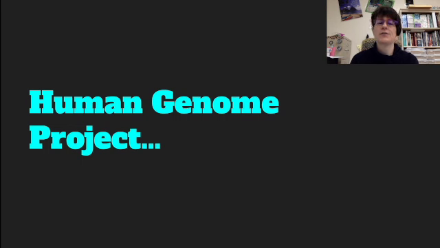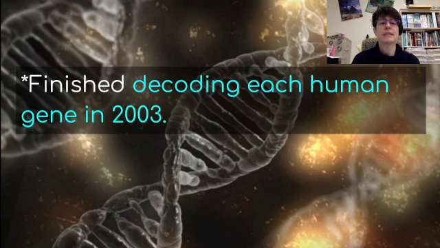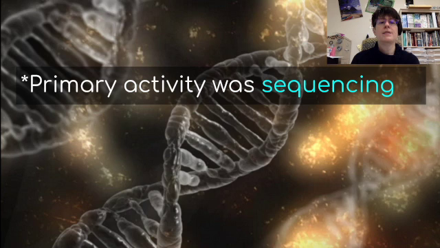Now, as a side note, the Human Genome Project, you've probably heard of it. It was completed, the decoding of each human gene, in the year 2003. Its primary activity was sequencing the human genome, just seeing what was there, and it gave us a lot of valuable information.